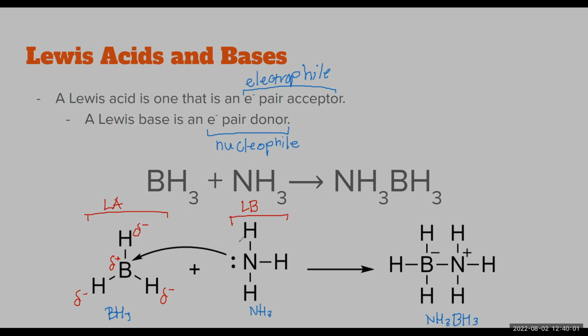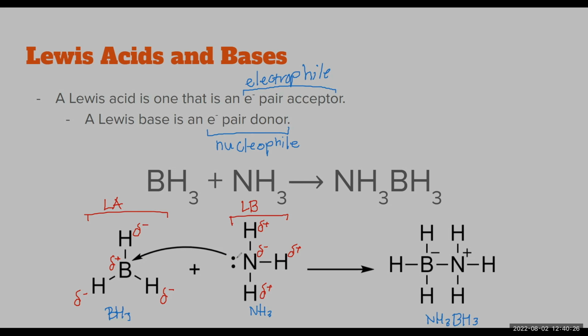Whereas we have NH3, nitrogen is going to be more electronegative than hydrogen. So this is going to be electronegative. It's going to be able to pull electron density away from the hydrogens. So these are going to be a little bit more partially positive. And because of that, we know that opposites attract.